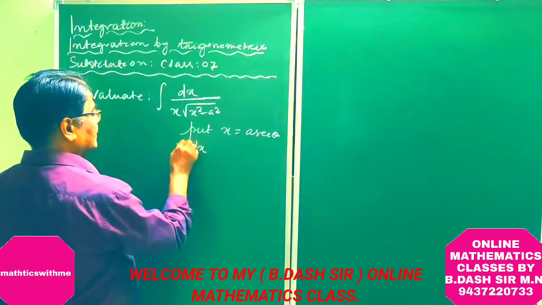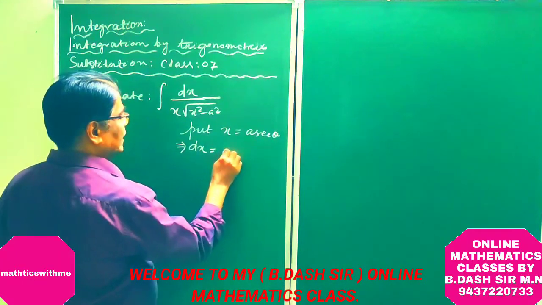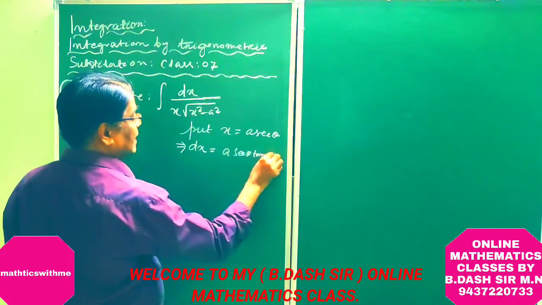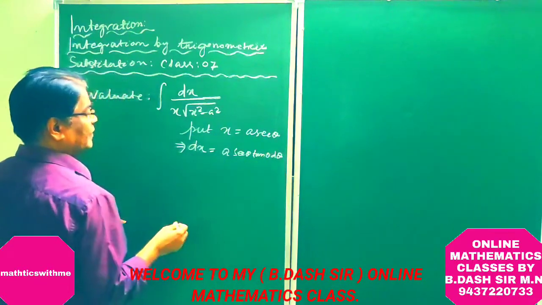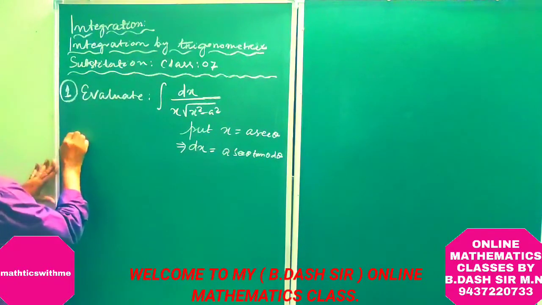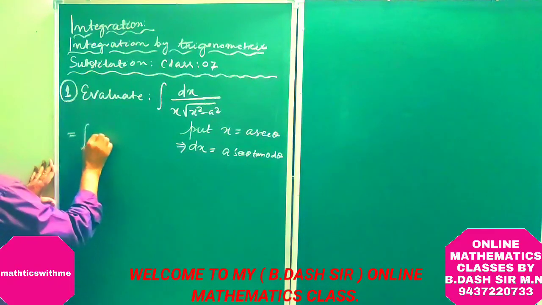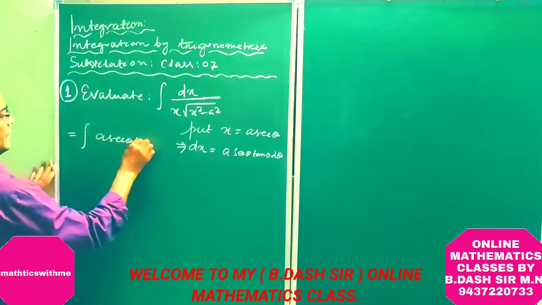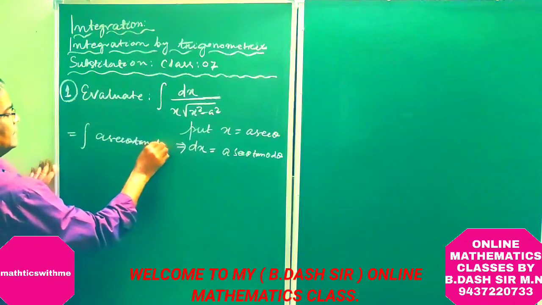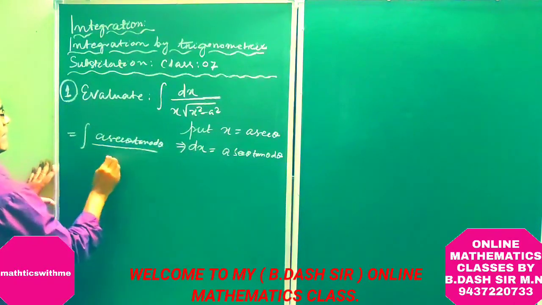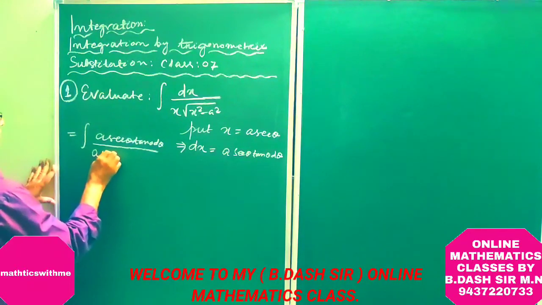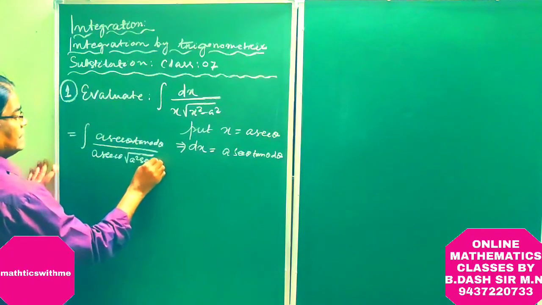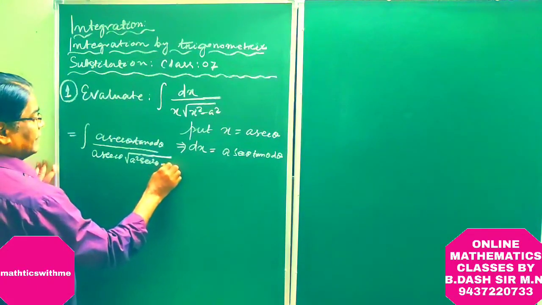This implies dx is equal to a sec theta tan theta d theta. So the given integration becomes a sec theta tan theta d theta divided by a sec theta root over a square sec square theta minus a square.